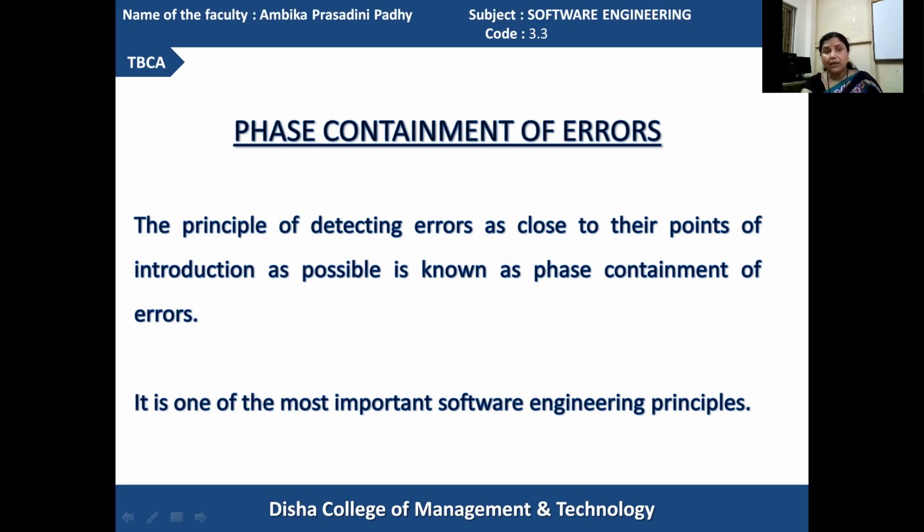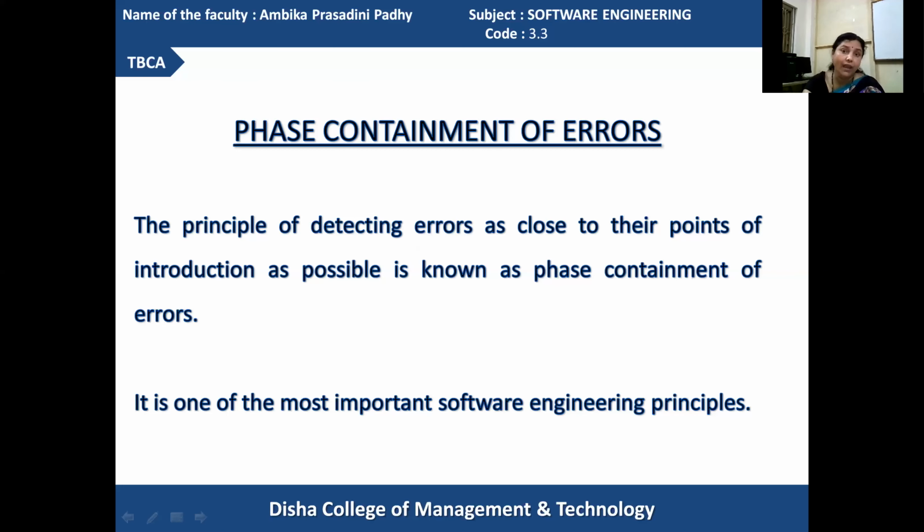What does it mean? If a particular phase is being executed, as we have discussed in one example just a minute before, and the phase contains different problems or defects due to the problems arising at the previous stages, then the previous stages' problems can be removed using this method.